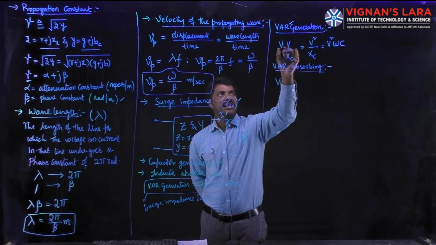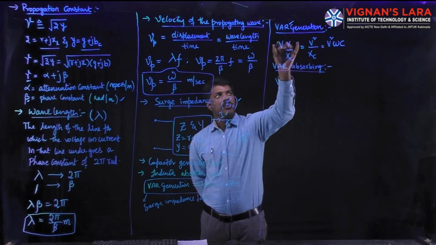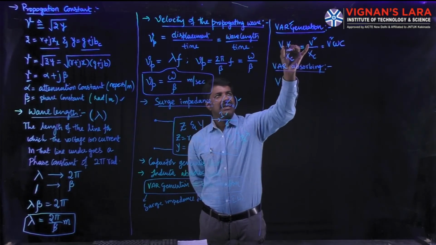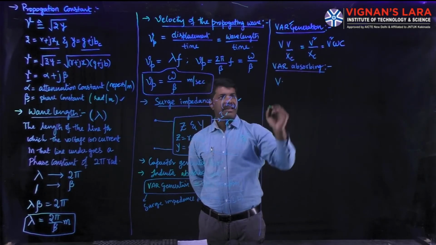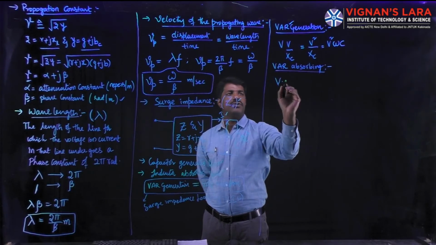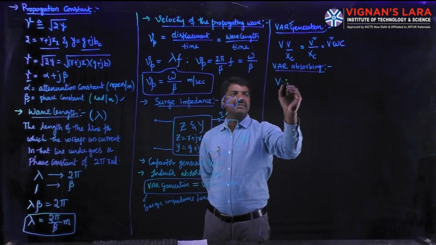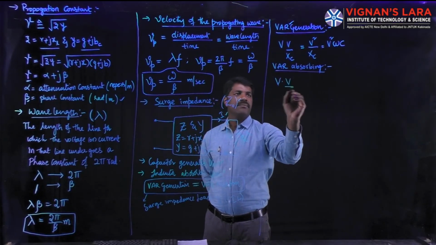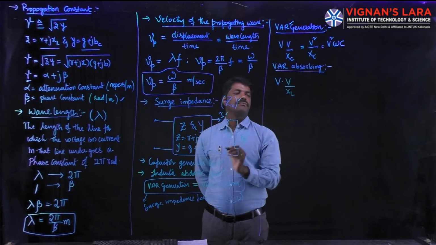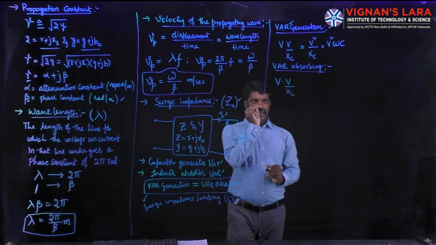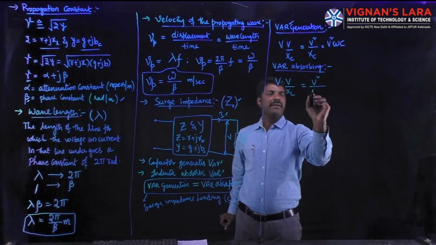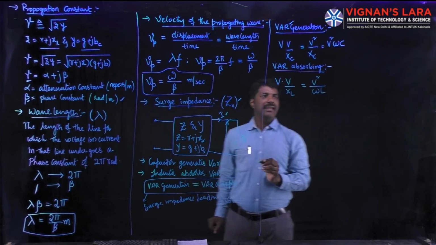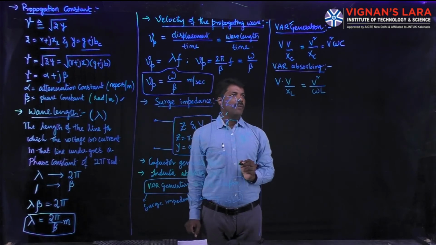Here also, volt ampere reactive is the product of voltage and current. Earlier I took the current exclusively for XC as the element. Similarly here I will take V into I, where I is equal to V by XL. Then we can write this as V square by omega L.